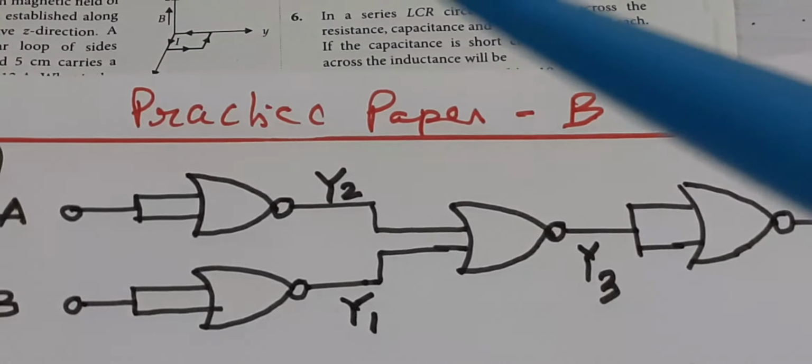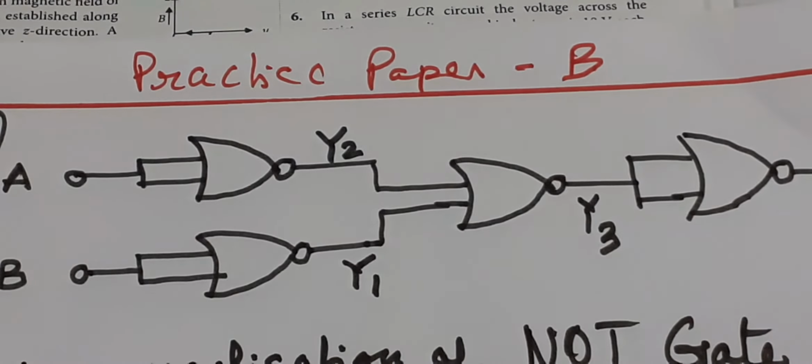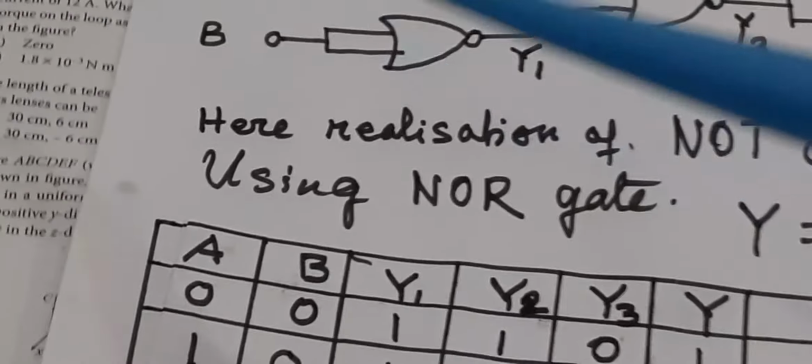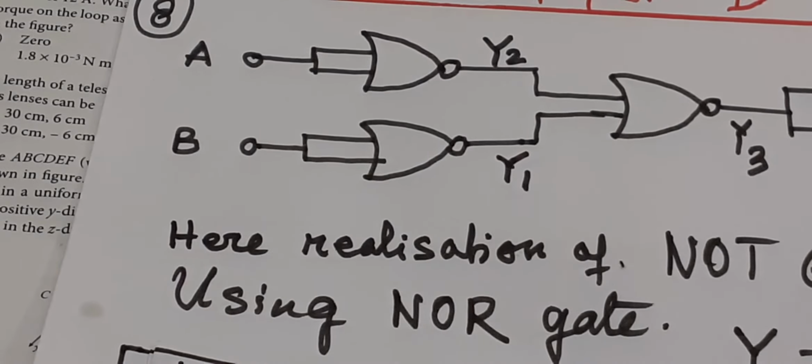Now we have to see these 4 NOR gates arranged in such a way, what is the truth table at the output y. Now we can have a truth table like this: A, B, y1, y2, y3 and then y. Here if you see this diagram, A, B, y1, y2, y3 and then y.